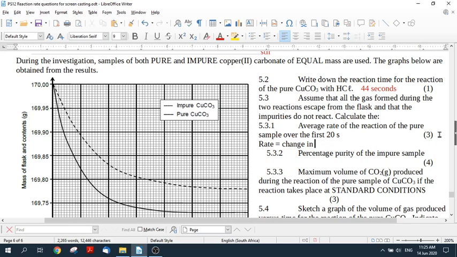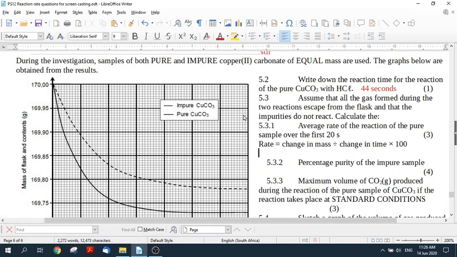Oh, it's not a concentration, because our graph is in mass. So the rate is the change in mass divided by the change in time, because any change over time gives you rate, and we have to multiply this by 100 to get to a percentage.